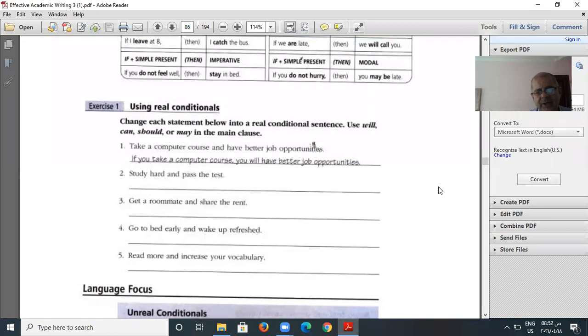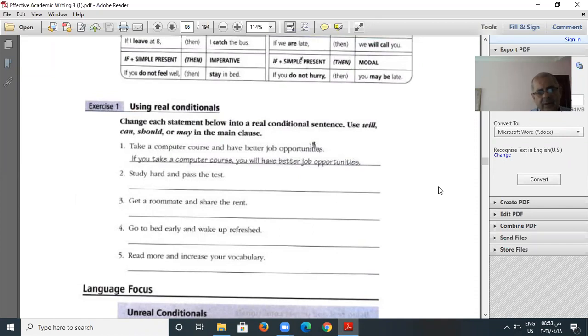Get roommate and share the rent. How can we make this an if clause sentence or conditional sentence? We say if you get a roommate, comma, you can share the rent.